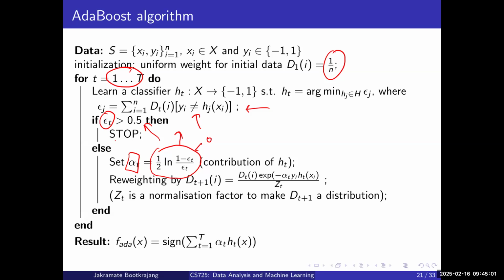And after you have the alpha for that classifier, we want to update the weight. The weight is going to be the weight of the previous iteration times the exponent of negative alpha, y_i, and h_t(x_i).